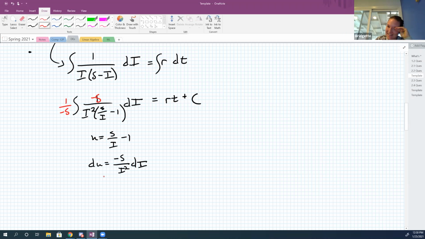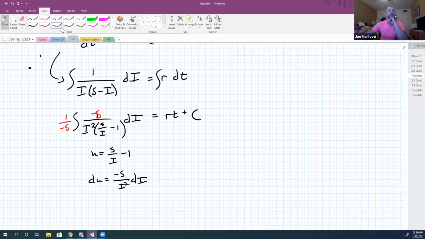I'll just have to take some time with that. Yeah, this is kind of a weird method. I'd be really inclined to do it by partial fraction decomposition. So if I was doing partial fraction decomposition, I'd think, all right, I've got 1 over I times S minus I. That's supposed to be some number A over I plus some number B over S minus I.